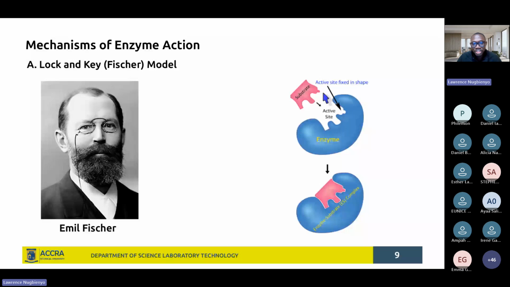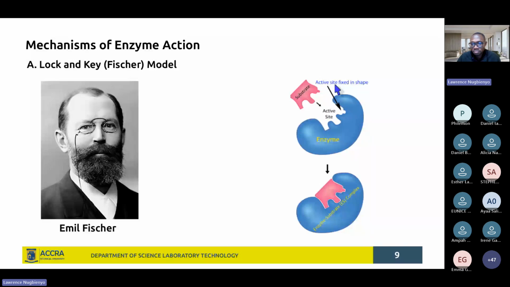have fitting shapes, like a lock and key, that you have the enzyme having some specific part of it, like the active site, having some fixed shape, which fits that of the substrate, and the substrate fits into that active site of the enzyme before the enzyme is able to act on it.